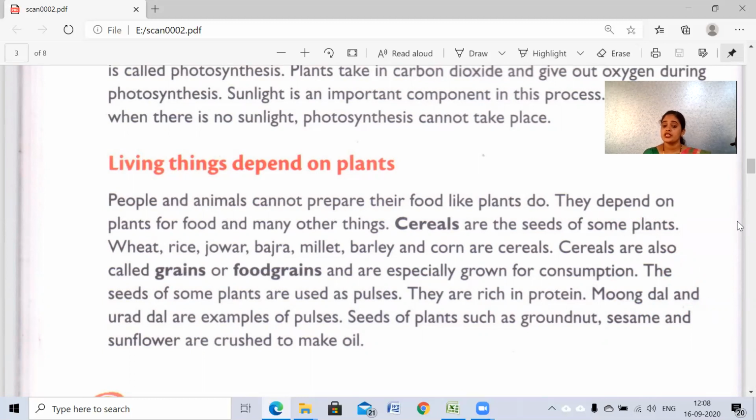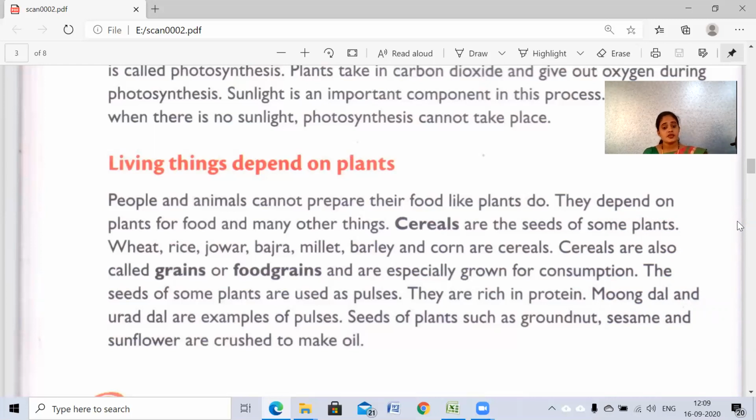They are especially grown for consumption, meaning for eating purposes. We will eat rice, wheat, jowar, bajra, millet, barley, and corn.